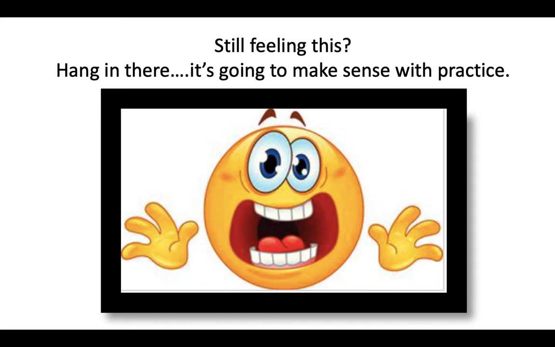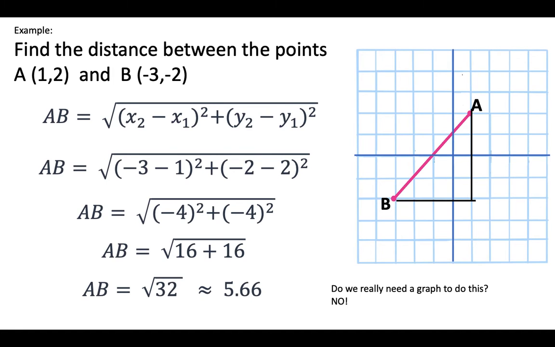So don't freak out. Some of you are still freaking out. So let's step through an example, okay? Let's find the distance between (1, 2), so it goes over 1 and up 2, because with coordinate pairs, the first part of the coordinate pair is always the x part, the side-to-side part, right? And then the second part is always the y part, the up and down part. So (1, 2), here's A, and B, which is at (-3, -2).